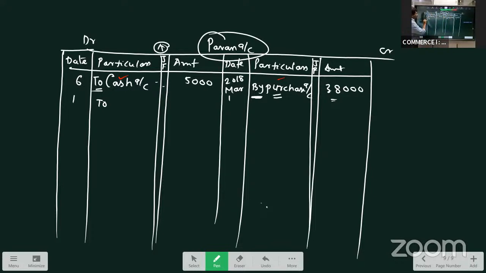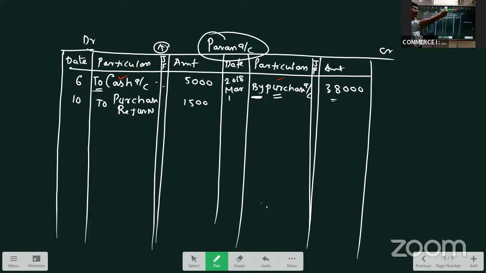So we'll write it as to purchase returns account. And what is the amount? Amount is 1,500. Isn't it?